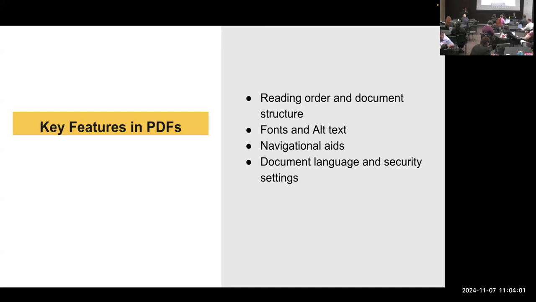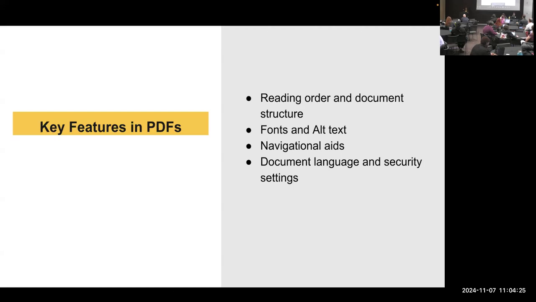The document structure, where the headings are in sequence. Then there are fonts that can be extracted by the screen reader, because the screen reader needs to extract those fonts and the coding and all that. For that, it needs fonts that can be extracted. Alt text for images is important.